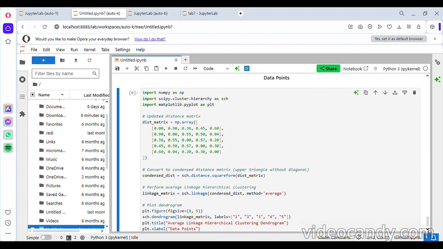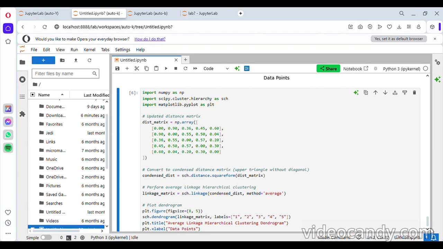Then we bring in the data array, the 5x5 matrix containing the correlation based distance. Then we convert it to a condensed distance matrix using the function sch.distance.squareform, with the matrix above in brackets.